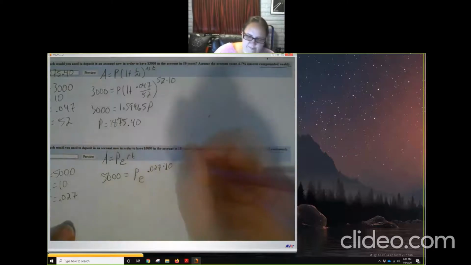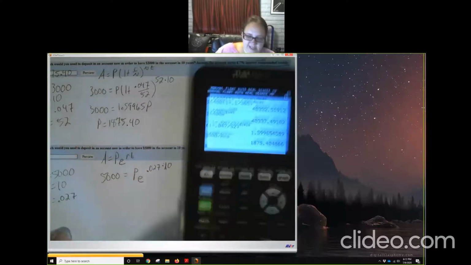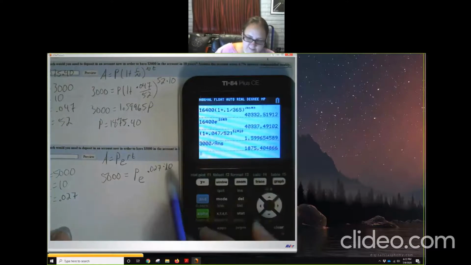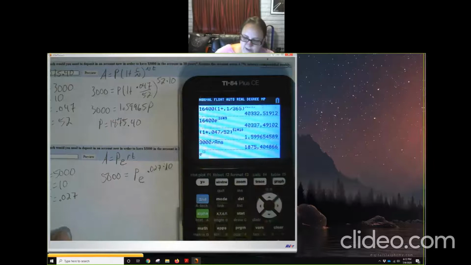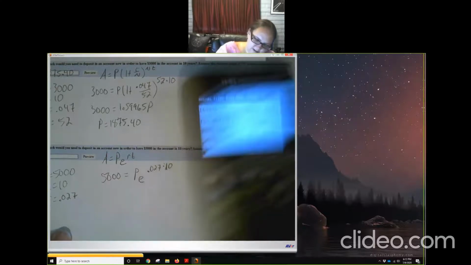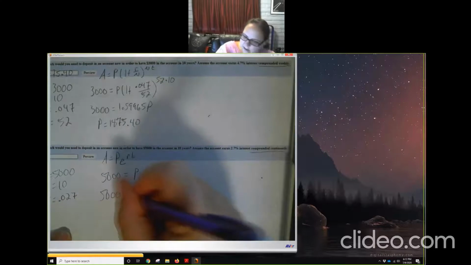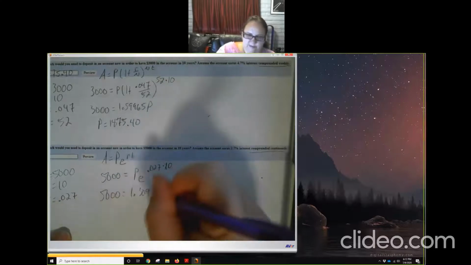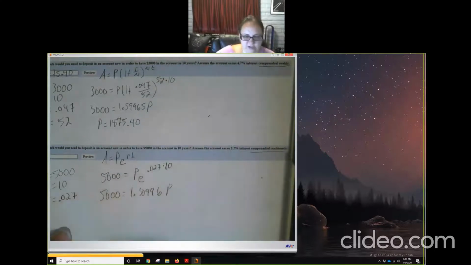So again, I'm going to put this in the calculator. e to the 0.027 times 10, 1.3099. So then to figure out what P is, I'm going to have to divide 5,000 by that.